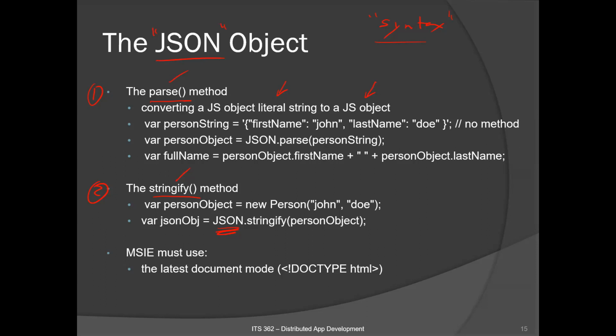Or sorry, no, I said that wrong. I was thinking of the other one. I apologize. So it's actually converting a string. That's what I meant. So it is a string and converting it to a JSON object or a JavaScript object.